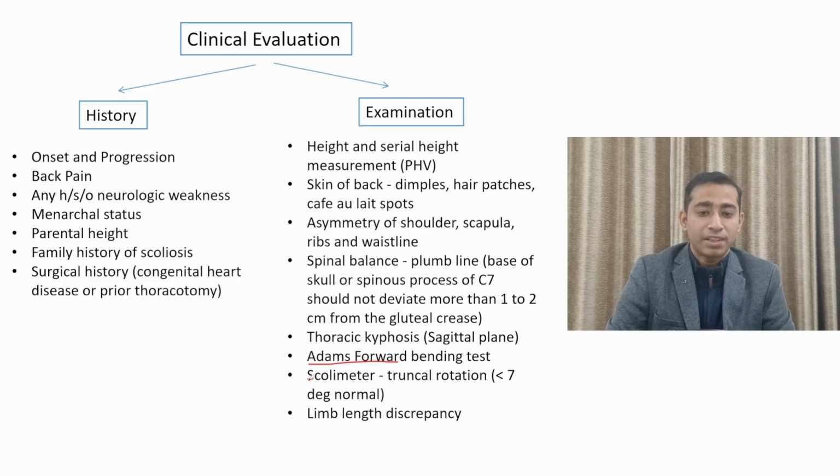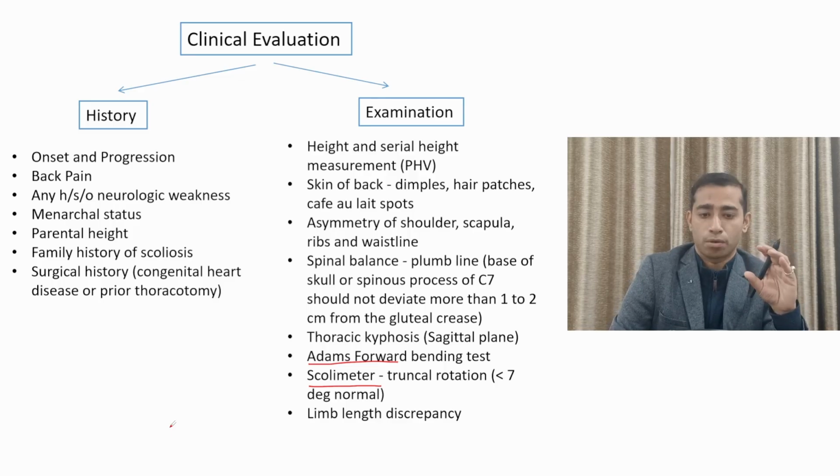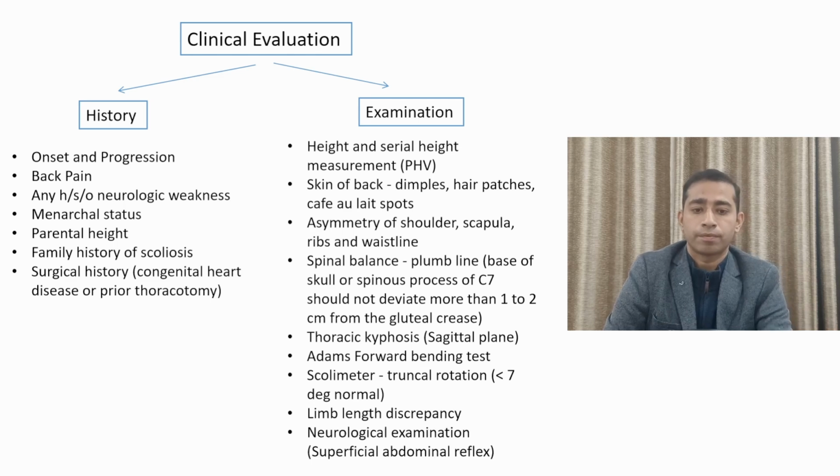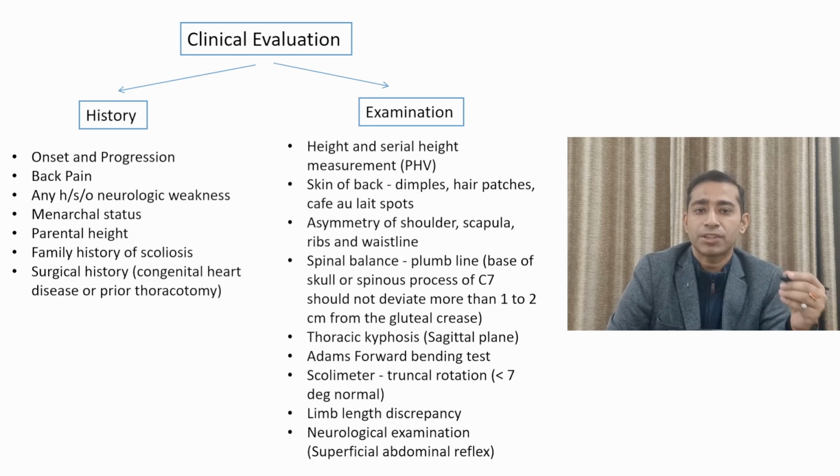A scoliometer may be used to assess this truncal rotation, and a truncal rotation of less than 7 degrees is normal. Any limb length discrepancy has to be measured, as this may be a cause for functional scoliosis. A thorough neurological examination has to be performed with special attention to the superficial abdominal reflex, as this may be the only abnormal neurologic sign in these patients.